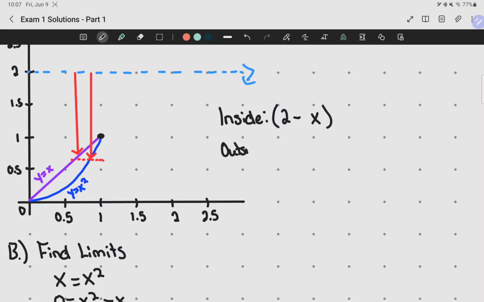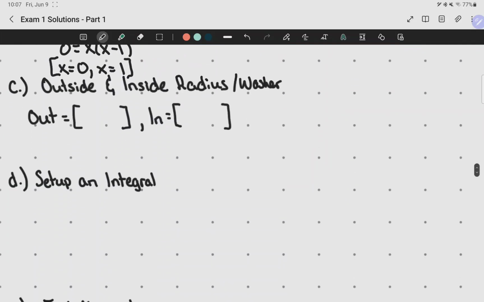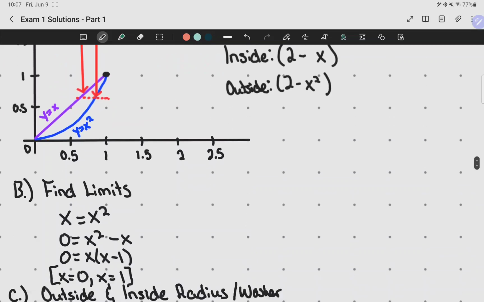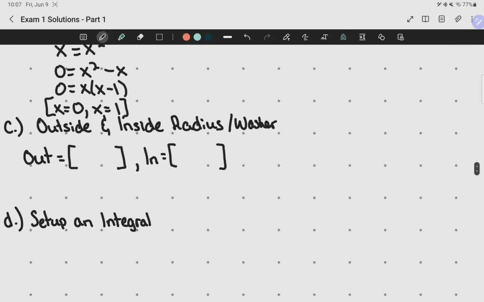The same thing applies with our outside function. So our outside is 2 minus x squared, and our inside is 2 minus x.